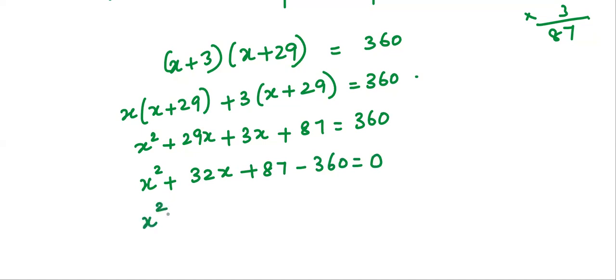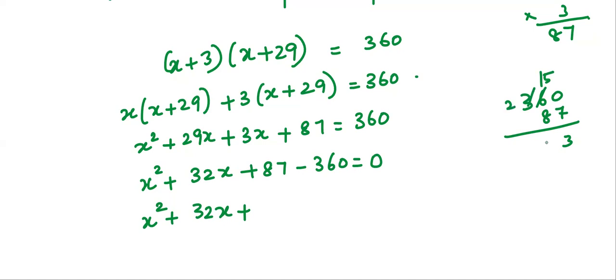Now x square plus 32x plus, what is 87 minus 360? Because 360 is bigger, it will be minus 273, which is equal to 0. So this is the required quadratic equation for this question.